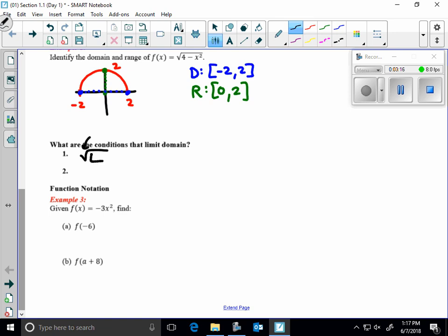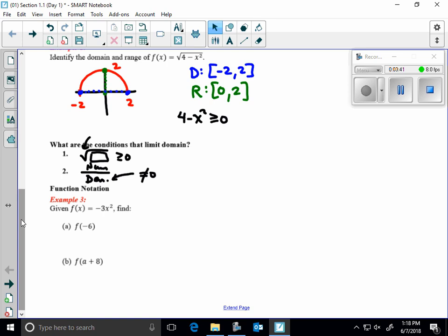Whatever we have inside that radical must be greater than or equal to 0, like we saw above. You could see that 4 minus x squared had to be greater than or equal to 0, which if you solve that, you'd see plus or minus 2 come out of that. The other thing is if you have a rational function, with your numerator on top and your denominator on the bottom, that denominator cannot equal 0. If it did equal 0, then you'd be dividing by 0, which, of course, is not okay.